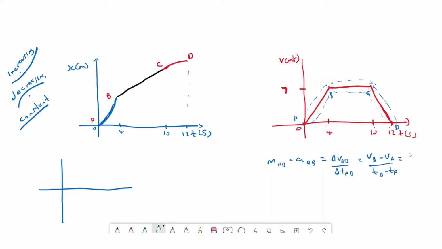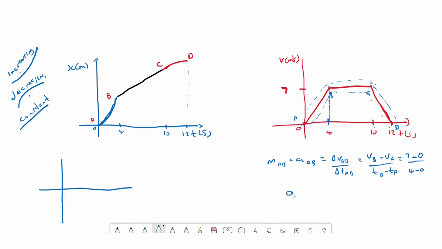The velocity at B is 7, and at A it is 0, divided by the time at B, which is this position. You just draw a straight line, and whatever your straight line lands on is the time, so it's going to be 4 minus 0.